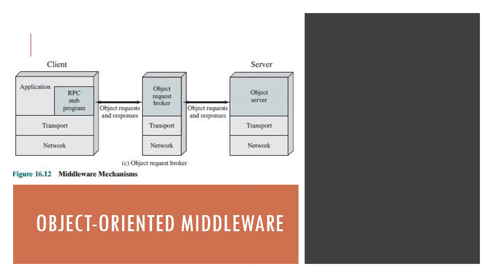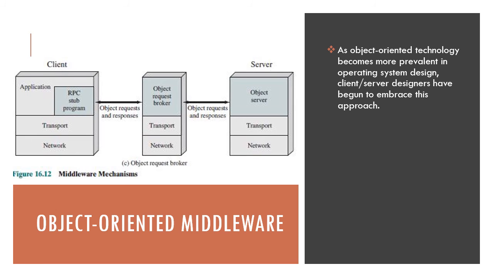Object-oriented middleware. Here you see that we have a client and a server, and there is a middle tier shown here which is object oriented. Let's talk about this. As object oriented technology becomes more prevalent in operating system design, client server designers have begun to embrace this approach.